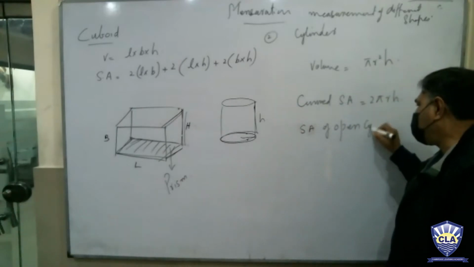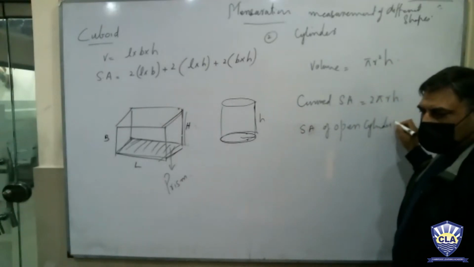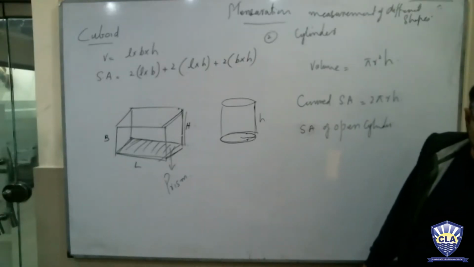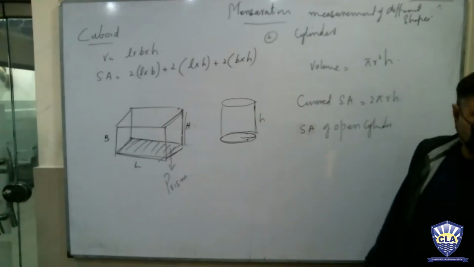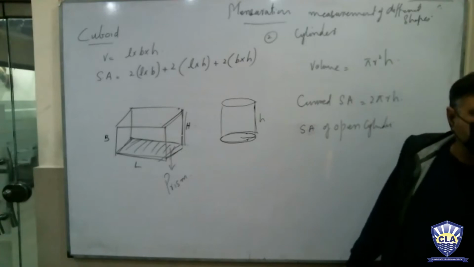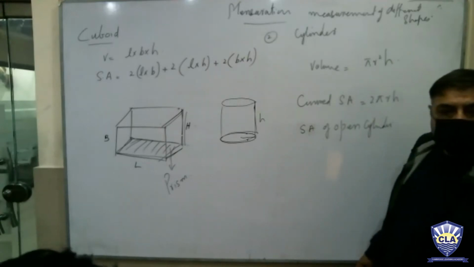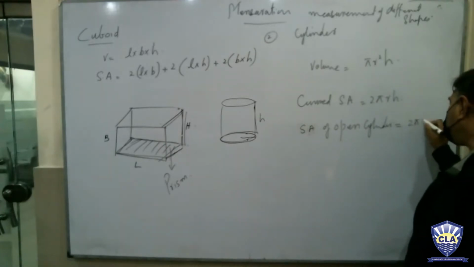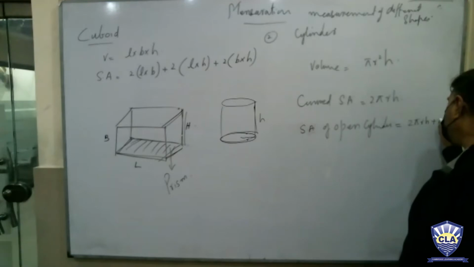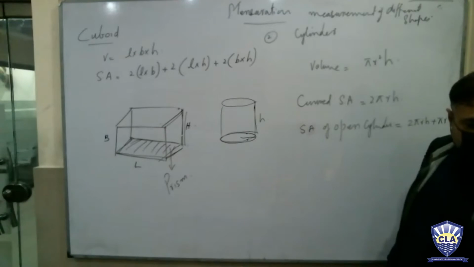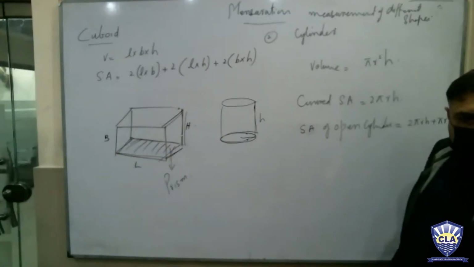A glass is an open cylinder: one side open and one side closed. That is called open cylinder. Surface area of open cylinder is 2 pi r h plus pi r square, area of the bottom.